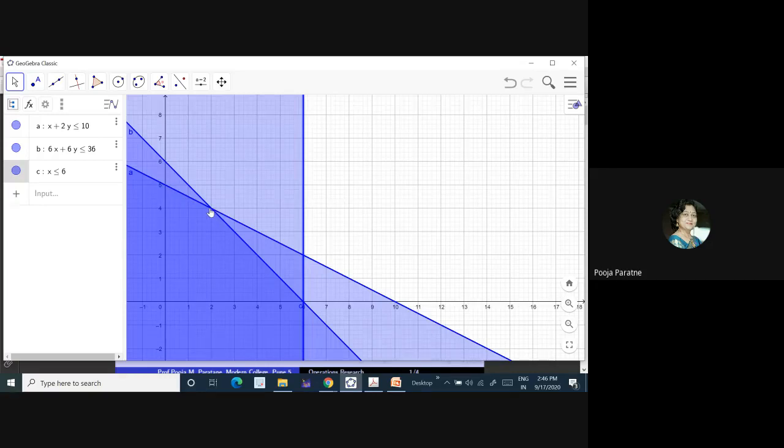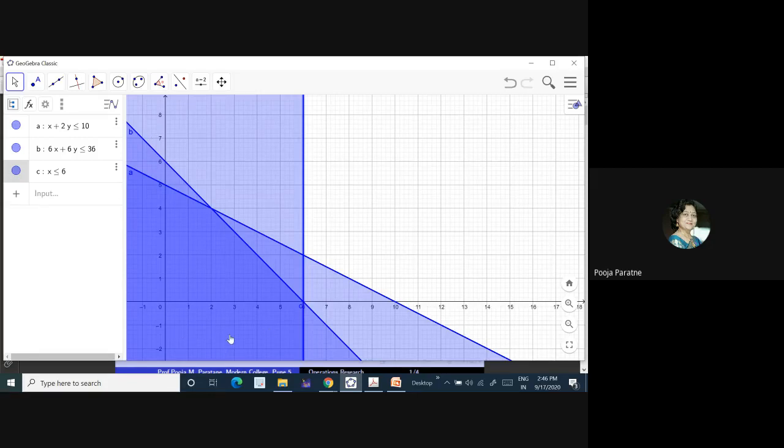The coordinates of this vertex can be obtained by solving equations 1 and 2, because it is the point of intersection of the first and second constraints. Solving simultaneously, we get x = 2 and y = 4. And the last vertex is (6, 0).